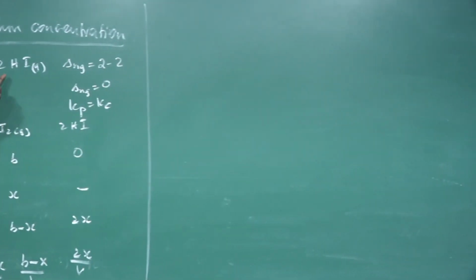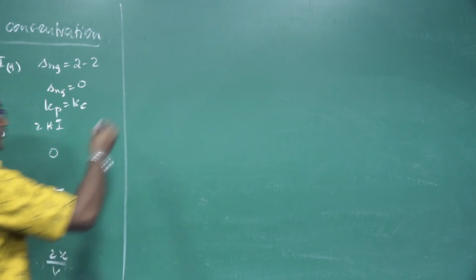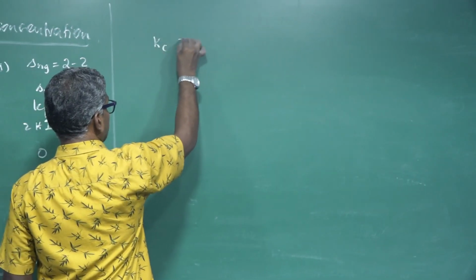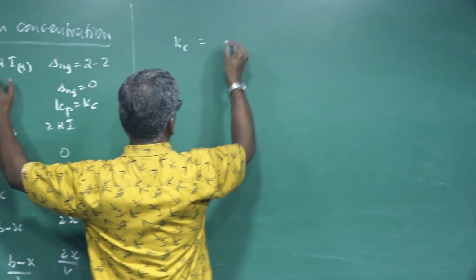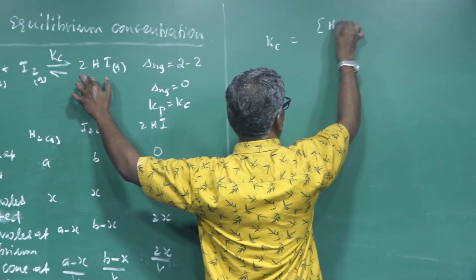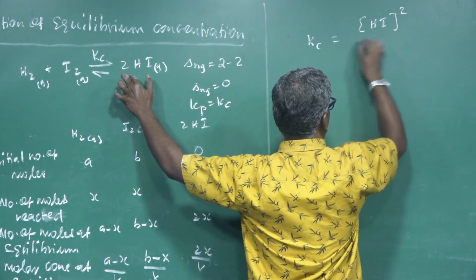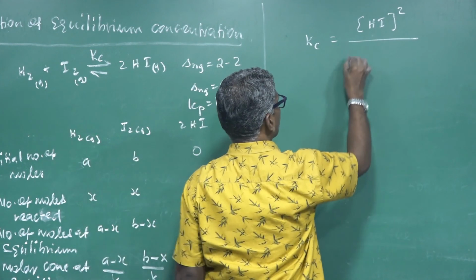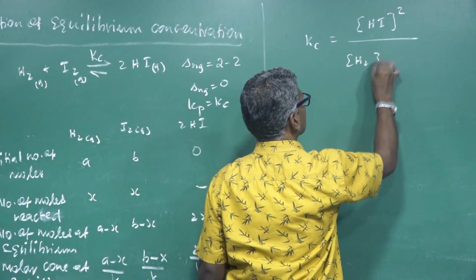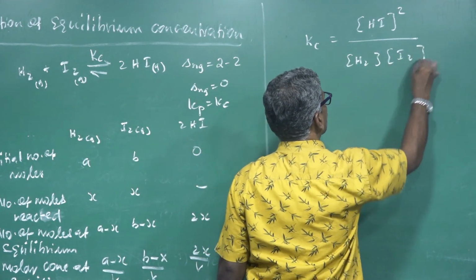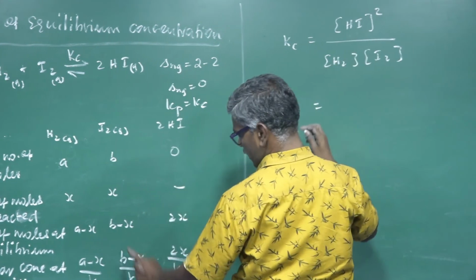By using this, first write down Kc. Kc is the product of concentration of the products divided by the product of concentration of the reactants.